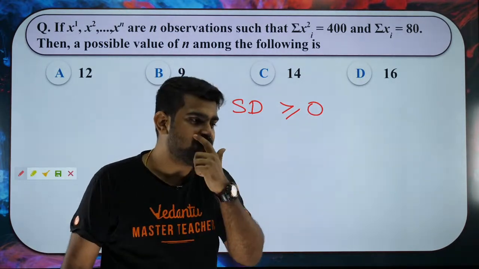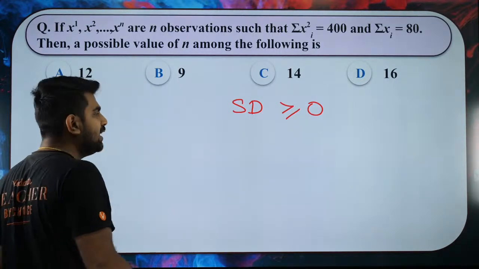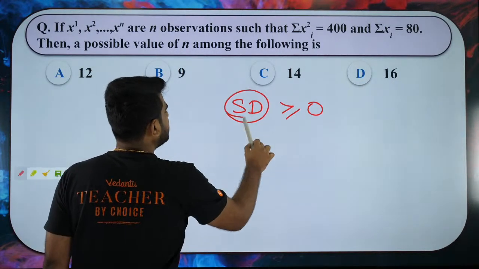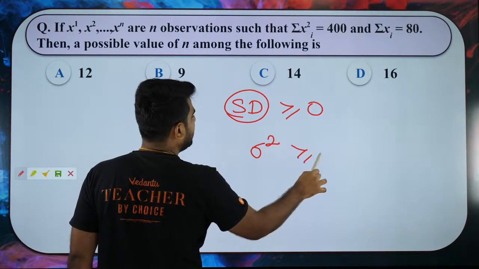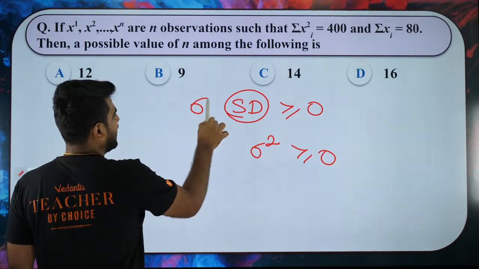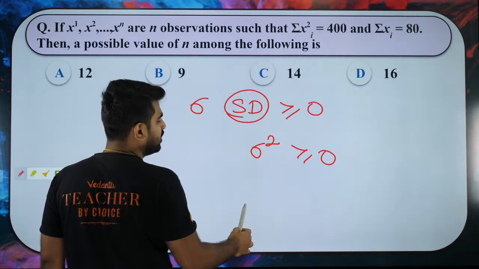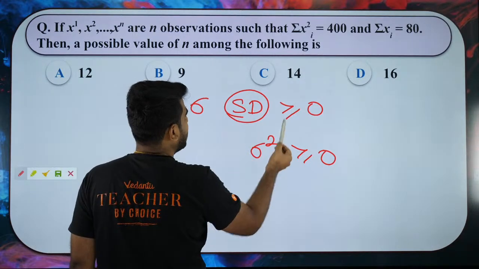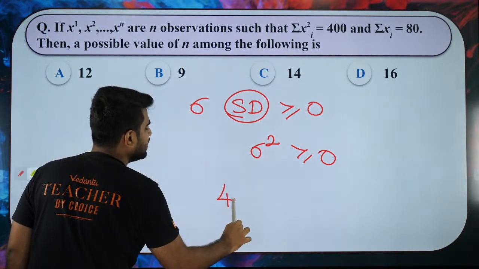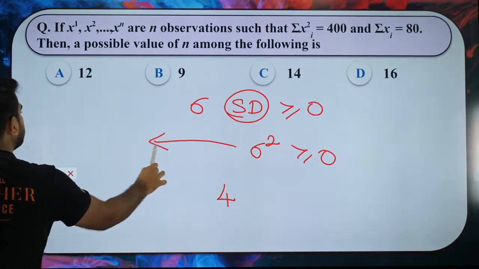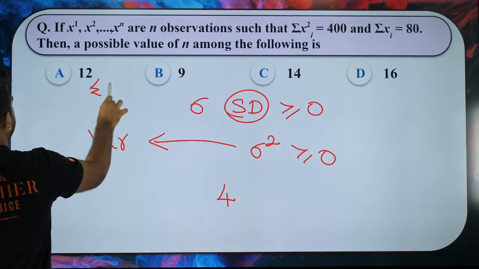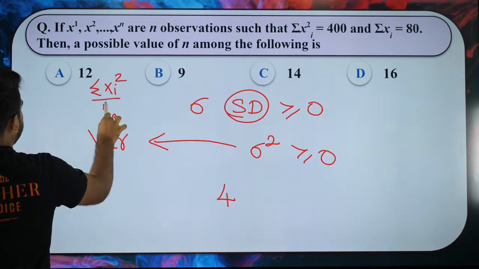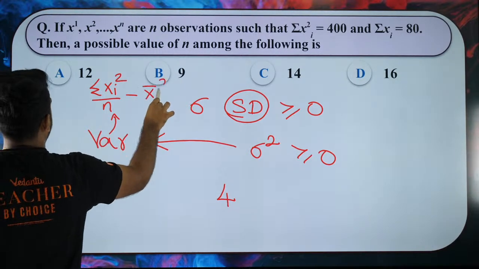Okay, so let's try to solve it. Everybody listen carefully. Standard deviation is nothing but sigma. Sigma square should be greater than or equal to 0, because if sigma is greater than or equal to 0, sigma square is also greater than or equal to 0. Sigma square is variance. The variance formula is sigma xi square by n minus x bar square.